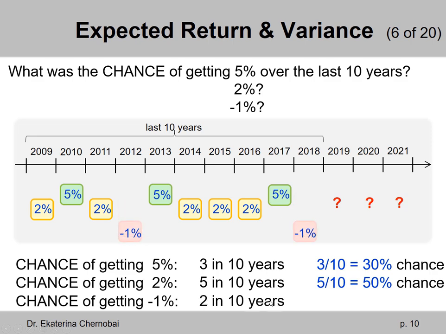So in 2 out of 10 years, the return was negative 1%, and it was a 20% chance. And all 3 chances for these 3 things that were happening add up to 100%. So make sure you realize that all chances, all combined, must add up to 100%. 100% chance means something will happen.